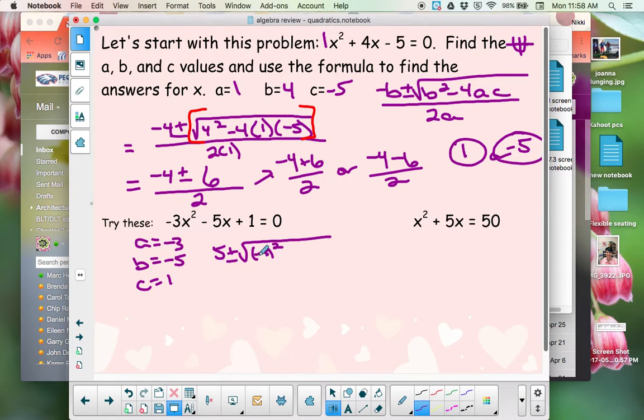So we really don't have to worry about that negative so much because it's going to disappear anyway. 4 times -3 is our A value and 1 is our C value. And then we put that all over 2 times A. So 2 times -3. All right. So we'll do 5 plus or minus something all over -6.